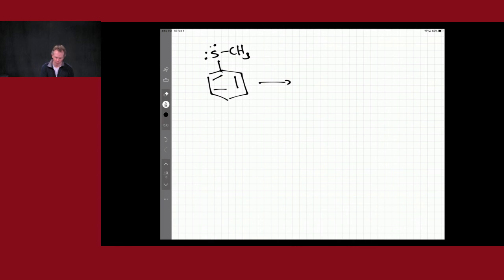So the question for you is, if I did electrophilic aromatic substitution, let's do, say, a Friedel-Crafts acylation this time. Where should I go? Or should my major products be the ortho and para isomers?